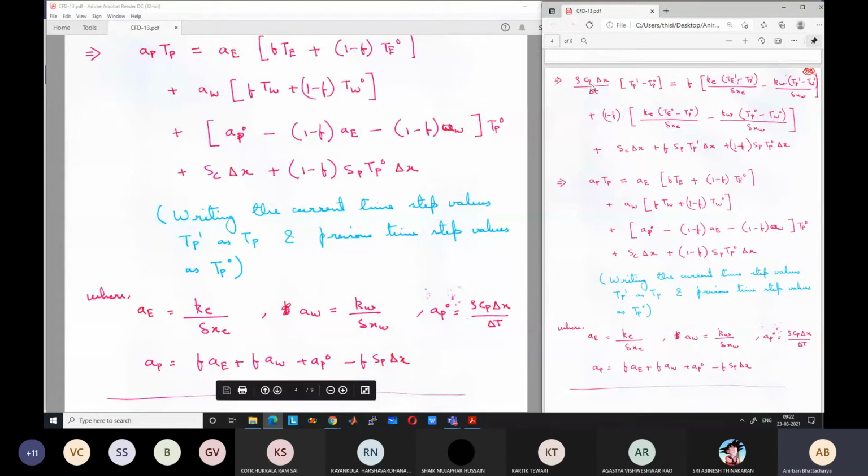So ultimately the equation is still of the form APTP is equal to AE into TE plus AW into TW.